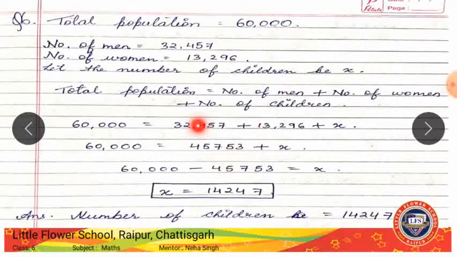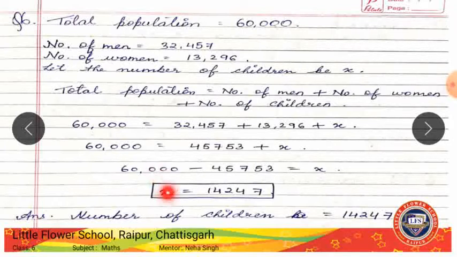So adding we got this. Now we need to find the value of x. So x will be 60,000 minus 45,753, and this x is what? It is the number of children in the population, right?